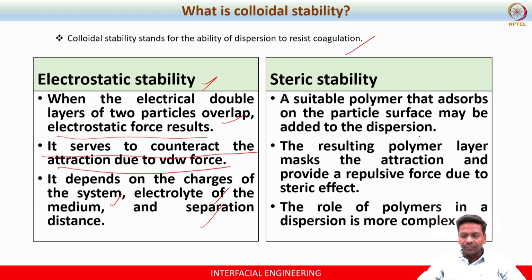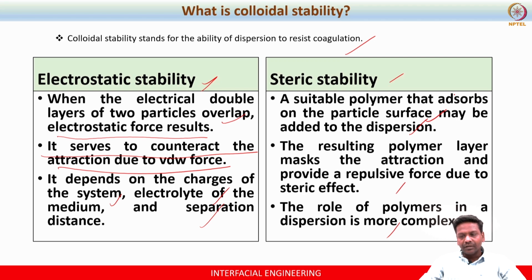On the other hand, you can also maintain stability by imparting steric stability. So let's say you have a particle system and there is some polymer that can adsorb on the particle surface.